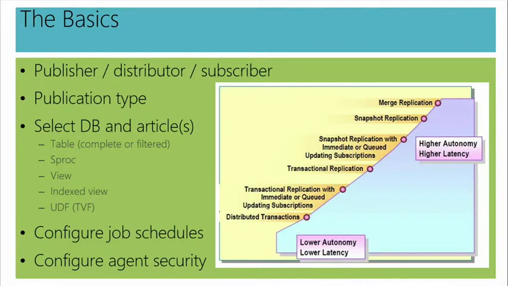Now, there are times where I might have a copy of a database or a copy of an article, and I want it transactionally very consistent, not perfect, very consistent with the original object. And notice that moves us towards very low latency, but if we happen to lose a connection between the two machines that are replicating, then we have no autonomy, so we're going to have a problem.